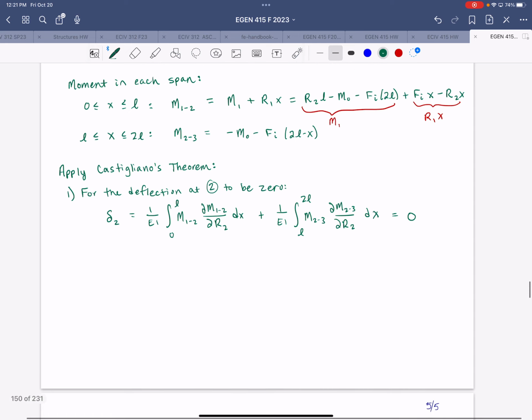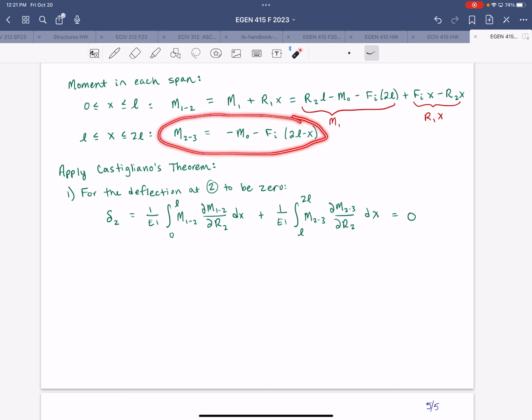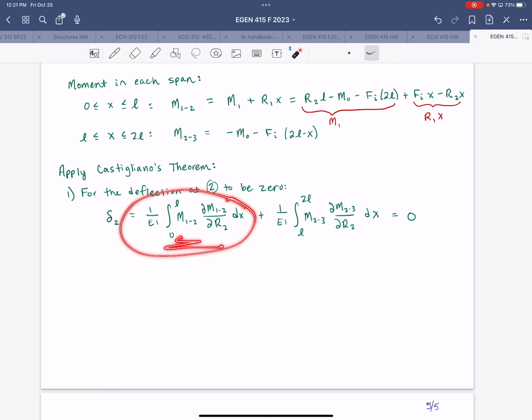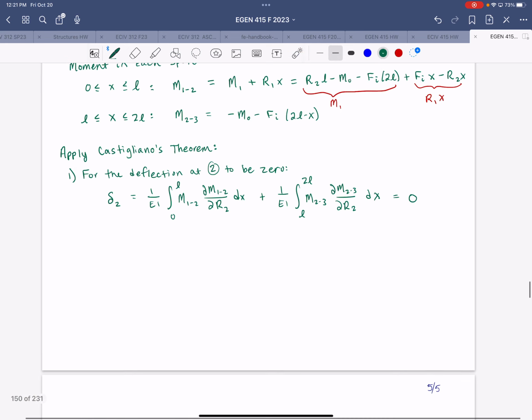All right, when you go through this, you'd find this second integral is going to be 0 because the partial derivative of M23 with respect to R2 is 0. So you're only going to have contribution from the first region, all right? And as I mentioned earlier, we actually don't need the Fi term for this part of the solution.